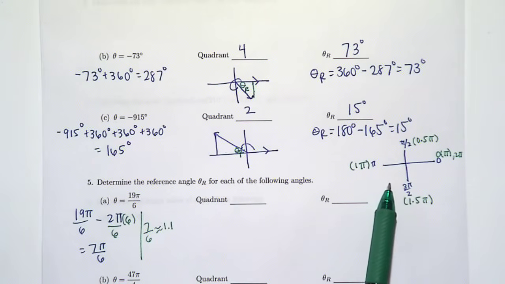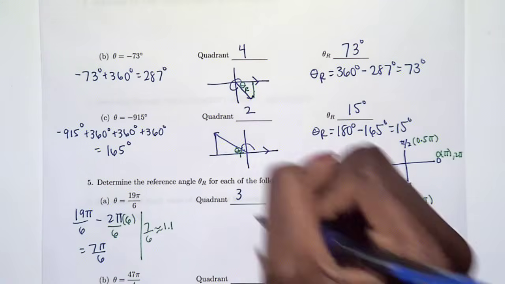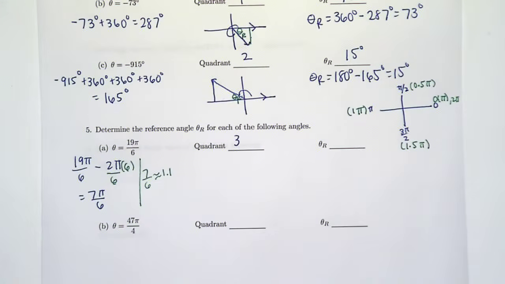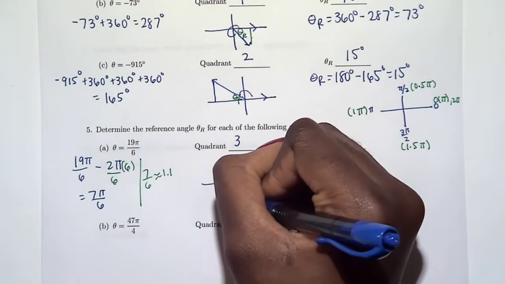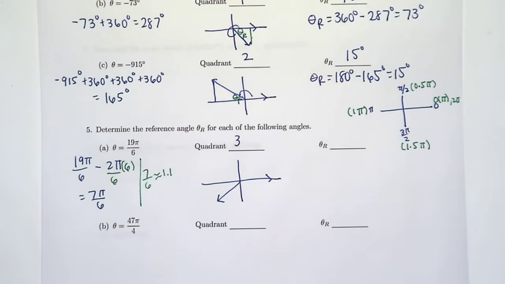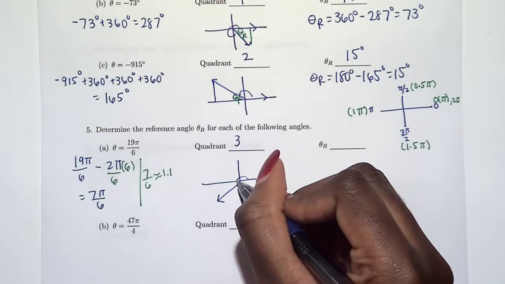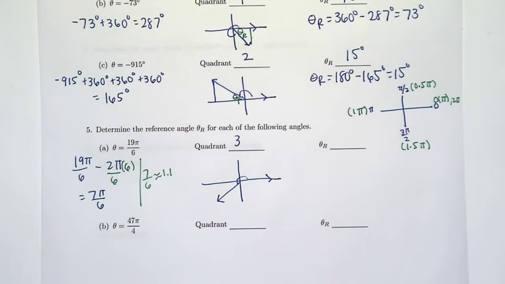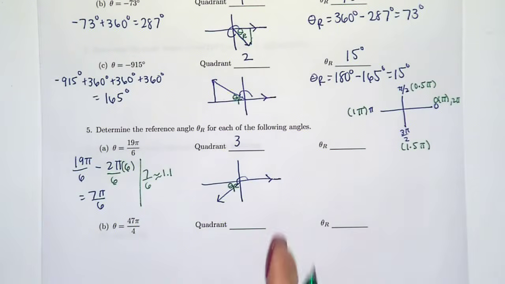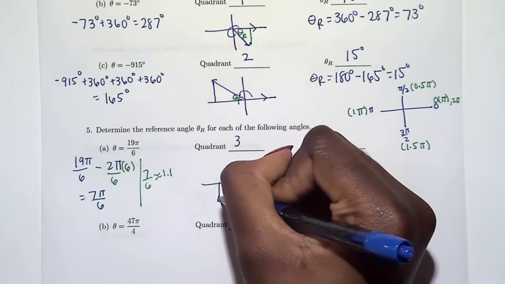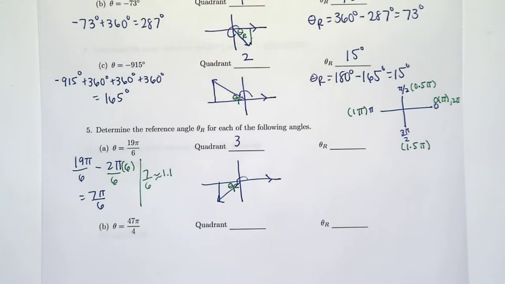So we are in the third quadrant. Here is what our angle looks like. It starts here, ends in the third quadrant. And then we care about this reference angle right here.